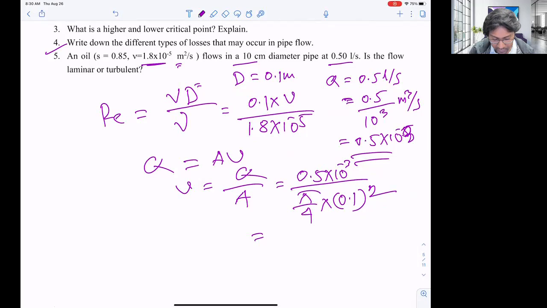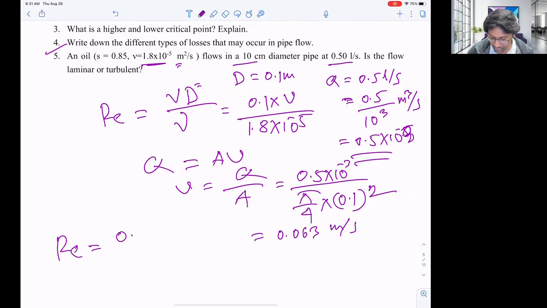So 0.5 into 10 to the power minus 3, this will be divided by the previous value. So the velocity is 0.063 meter per second.